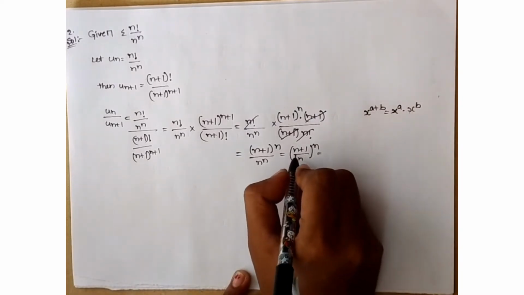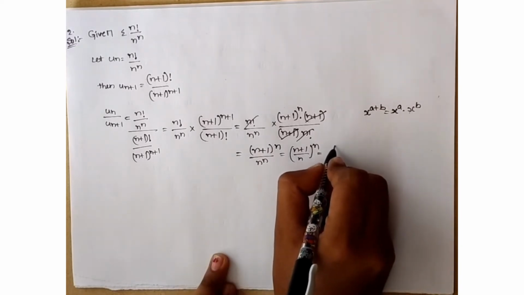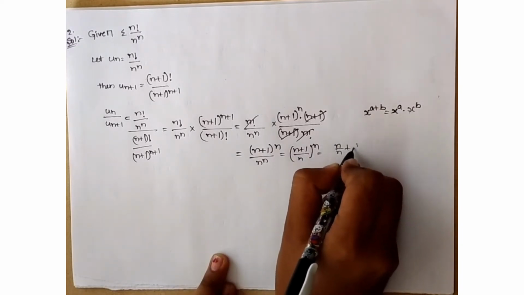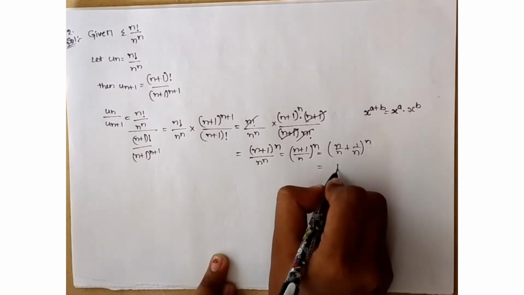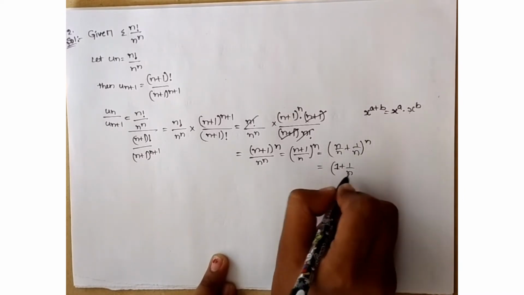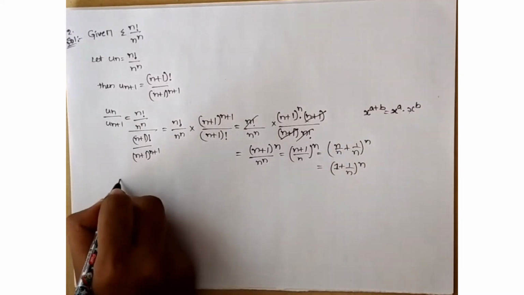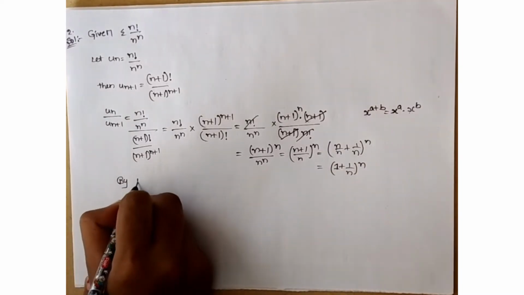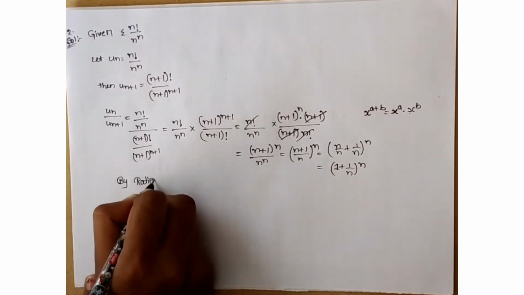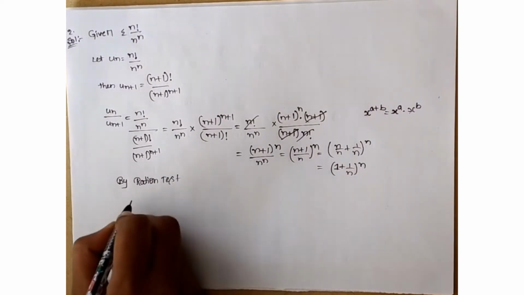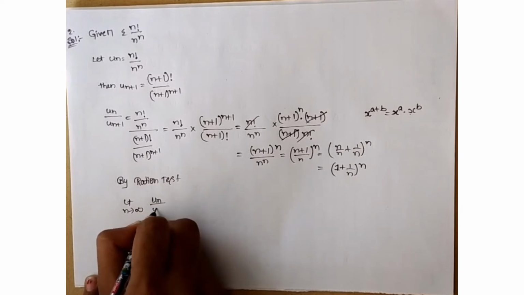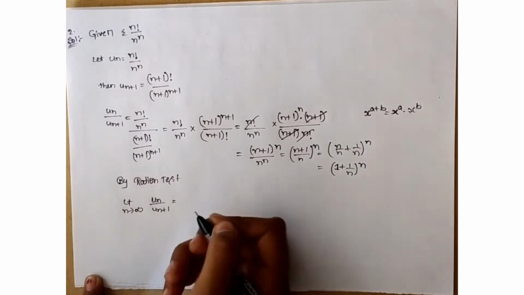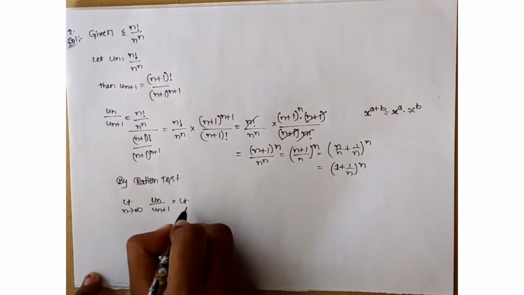Then we will write it as n by n plus 1 by n, that equals 1 plus 1 by n whole power n. By ratio test, we have a formula: limit n tends to infinity, Un by Un plus 1.